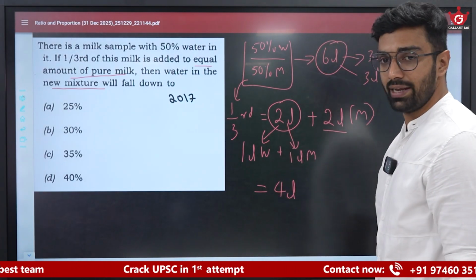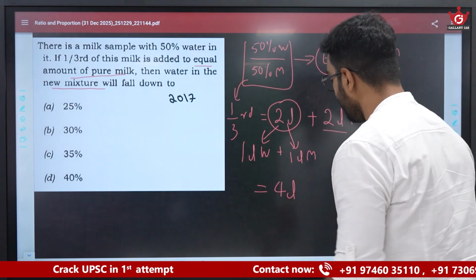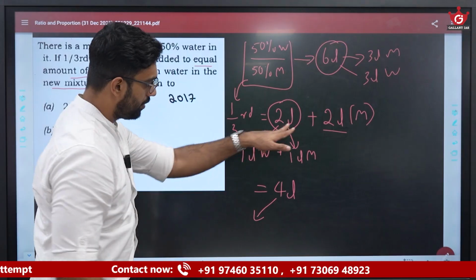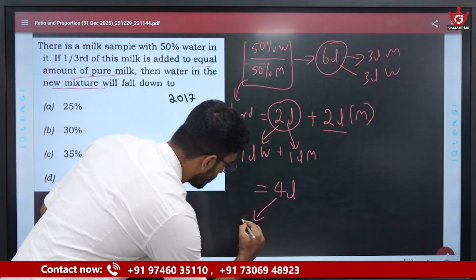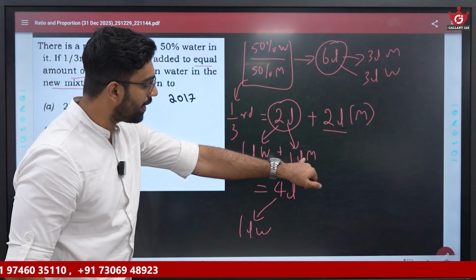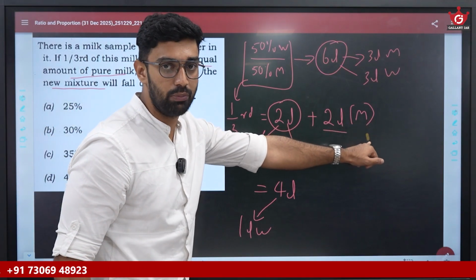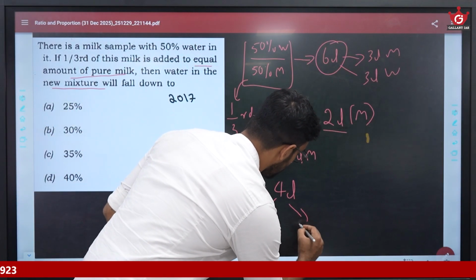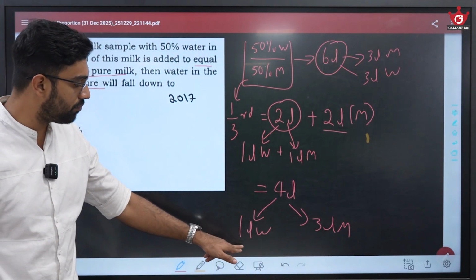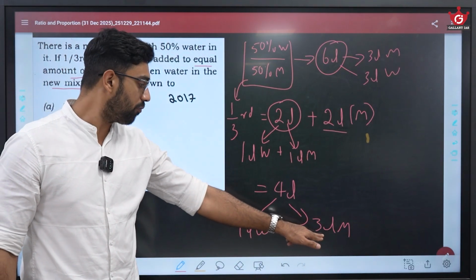In that 4 liters, we know it contains 1 liter of water, and the remaining is 1 liter of milk plus 2 liters of milk, so 3 liters of milk in total. So 1 liter of water and 3 liters of milk.